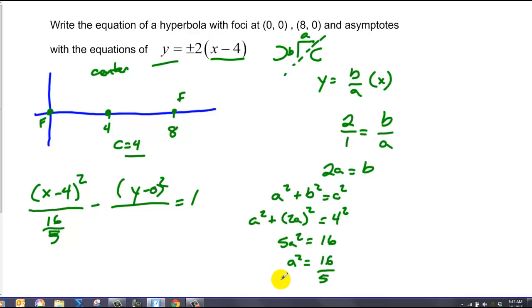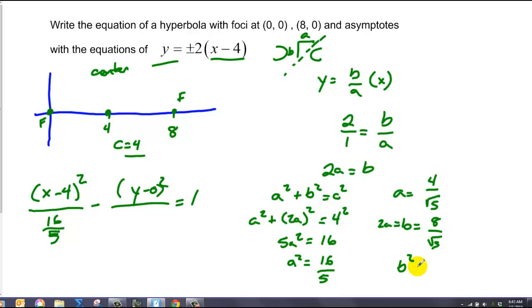Well, I don't have b squared yet, but I do know that 2a is equal to b, and I have an a squared term here, so therefore I know a equals 4 over root 5, and 2a is equal to b, which is equal to 8 over root 5.